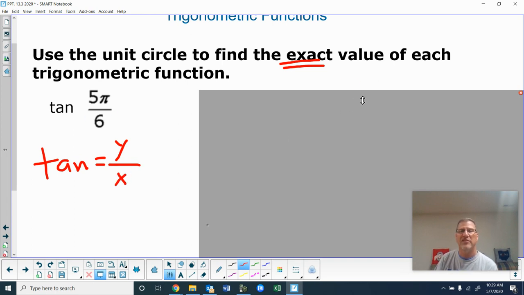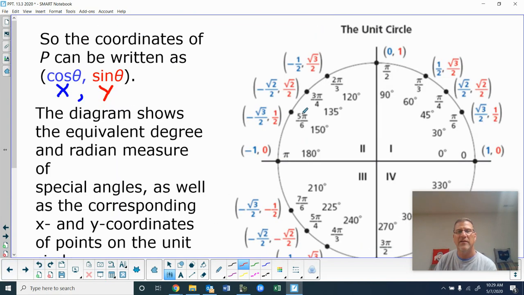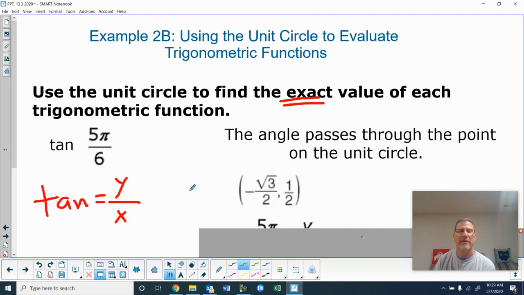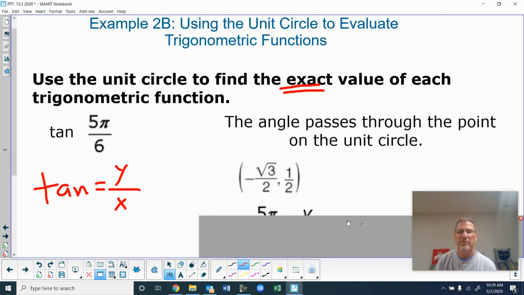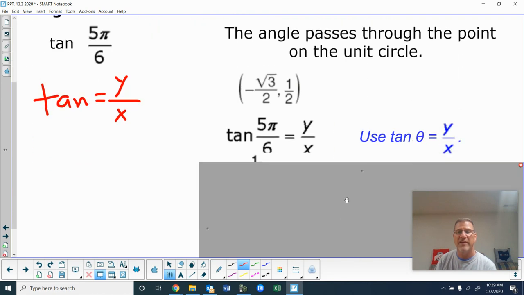So at 5 pi over 6, if you look at the unit circle, these are the two numbers for that point. Again, go back to the picture quick. Here are the two numbers. That's where they got that, from that point on the unit circle. So they're going to take the y over the x.